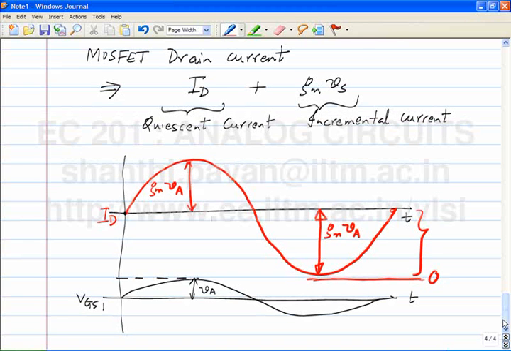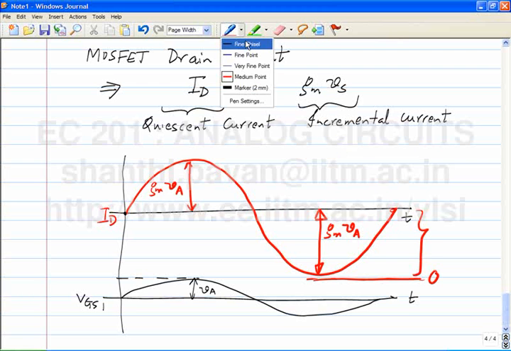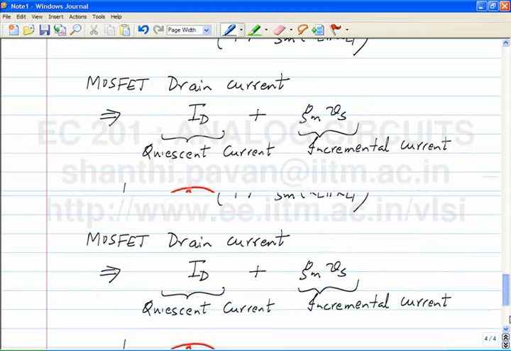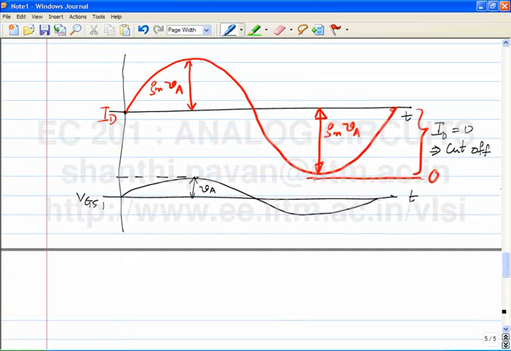So what is the maximum value of input voltage you can apply before the transistor gets, there's a term for this, it's called cutoff. So here ID equal to 0, which means the transistor is cut off. And what is that limit?